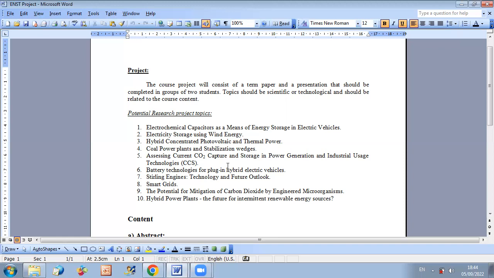You can connect an electrical power plant with a hydro power plant. So hybrid power plants will always connect different fields, and in the majority of cases, you will obtain very high efficiencies compared to standalone systems. So these are possible ideas in addition to the ones that are present in the forum.